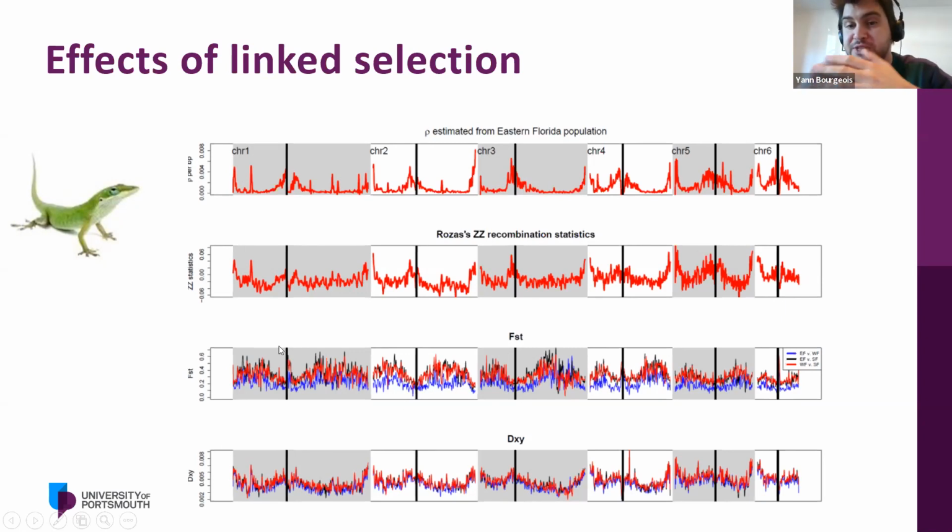It also leads to faster drift, which means that when you compare genetic divergence, genetic differentiation between the different populations, you see that it tends to be higher in regions of low recombination because you have faster drift happening in these regions, and it tends to lead to a better discrimination of the markers that you sequence in these regions.